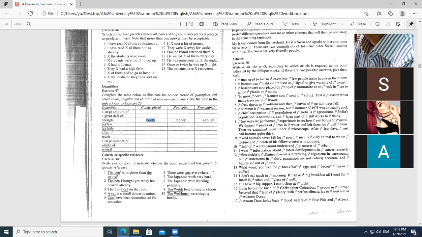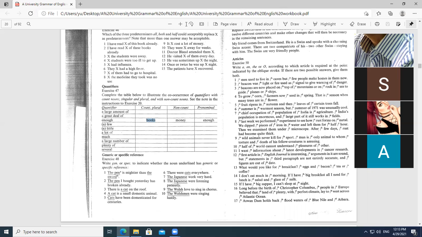Then we performed an experiment, with an because it is singular, to see how rust forms on metal, zero article.